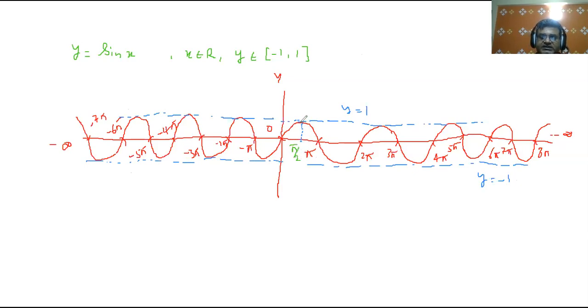At pi by 2, sin x is equal to 1. At 3 pi by 2, it is minus 1. Similarly, at 5 pi by 2, it is 1. At 7 pi by 2, it is minus 1. At 9 pi by 2, it is again 1. Likewise, this is minus pi by 2, and this is minus 3 pi by 2. It is sometimes 1 and sometimes minus 1 at the odd multiples of pi by 2.